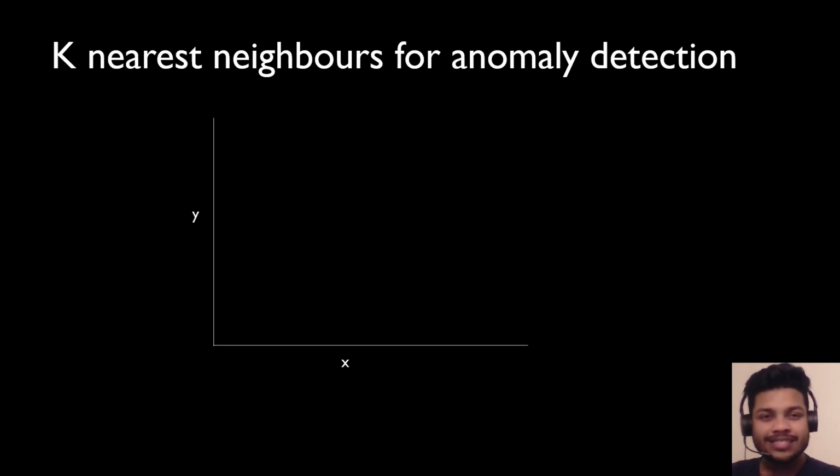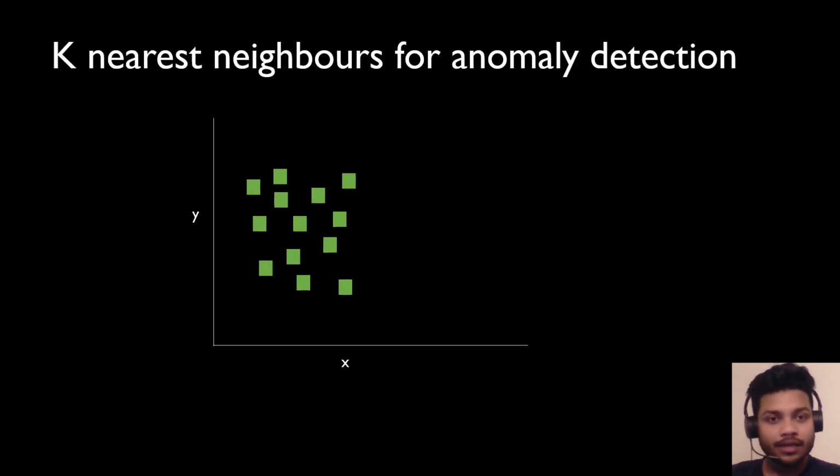For now, let's assume that our dataset is only two-dimensional, and we have data only from the normal conditions. These green squares represent the data we already have from the normal condition, plotted in a two-dimensional space. For k-nearest neighbor, first we have to define k, that is, how many nearest neighbors we want to select.